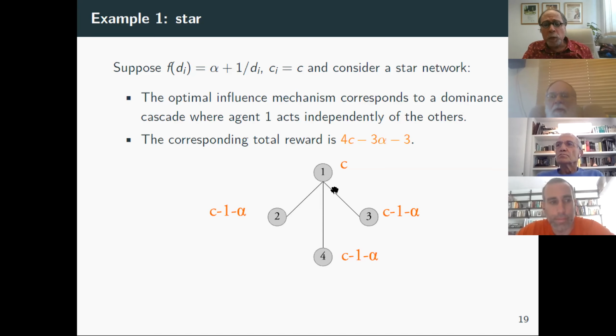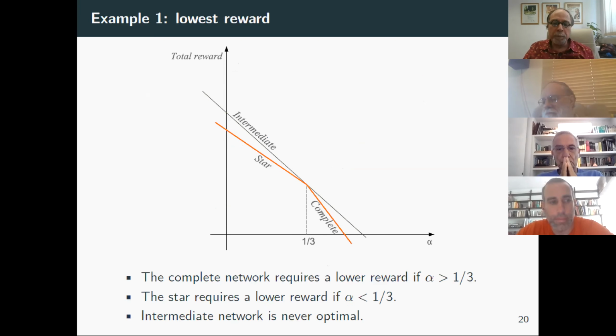So what we are going to see here, it's going to be C here. I'm going to extract 1 plus alpha from here, and 1 plus alpha from here, and 1 plus alpha from here. And this is the total that I'm going to pay them. It's 4C minus the extraction of the social utility.